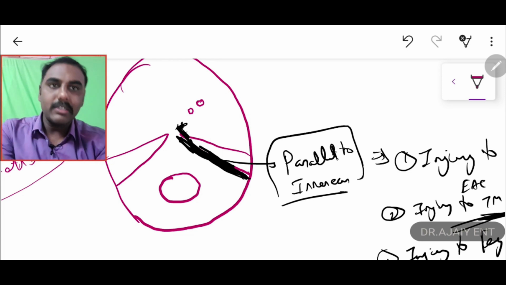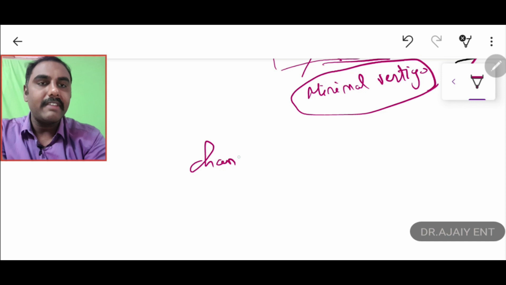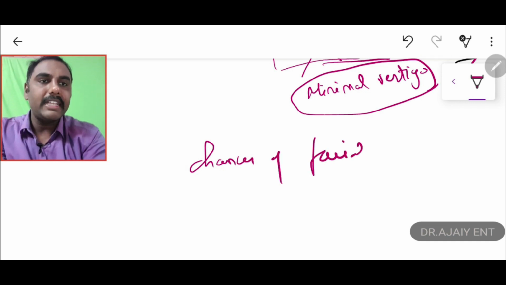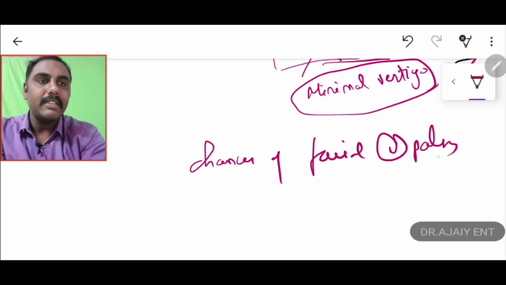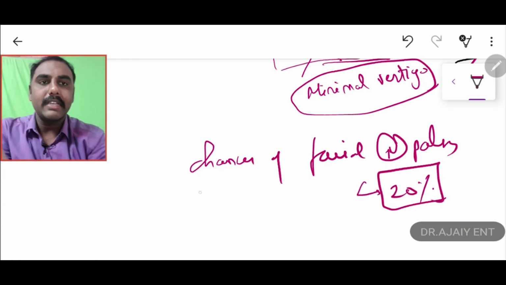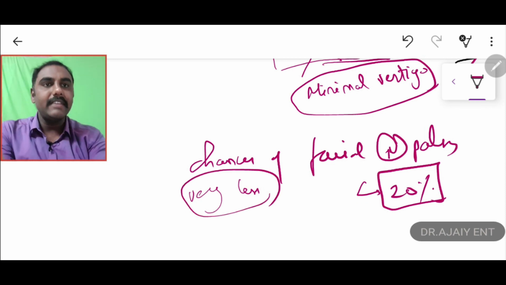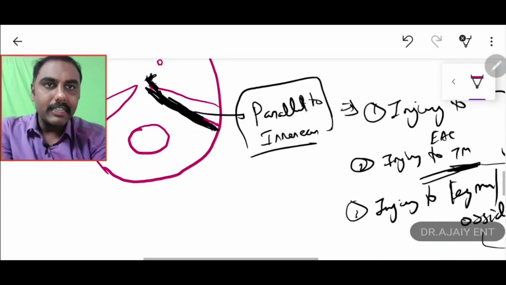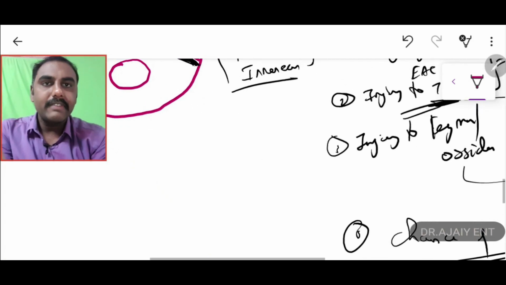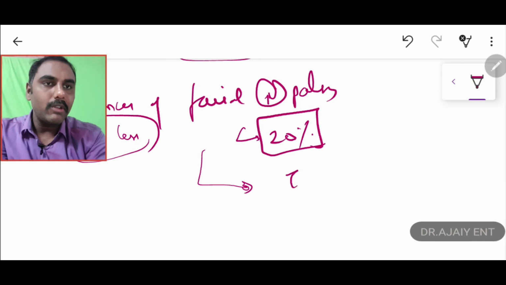Okay. And one more thing, the chances of facial palsy, this is very, very important, the chances of facial nerve palsy are very minimal, only around 20%. Even if it is involved, it involves only the tympanic segment, not the mastoid segment and all.